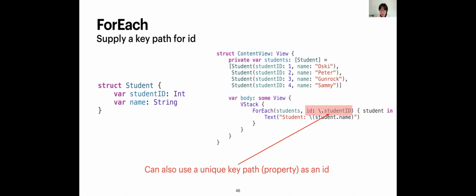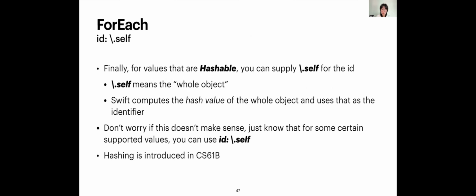So here, studentID is unique for each student. So we write id: \.studentID. A key path is just a way to reference a specific property. The syntax is backslash dot property name. And the third option is when you use \.self, which computes the hash of the entire object and uses that as an identifier.